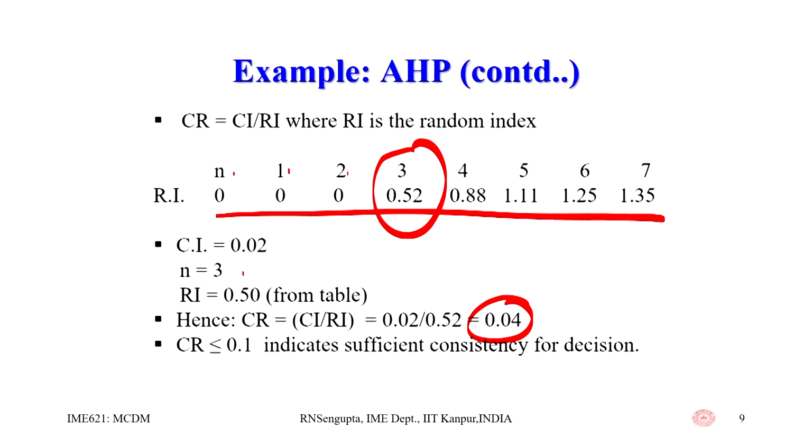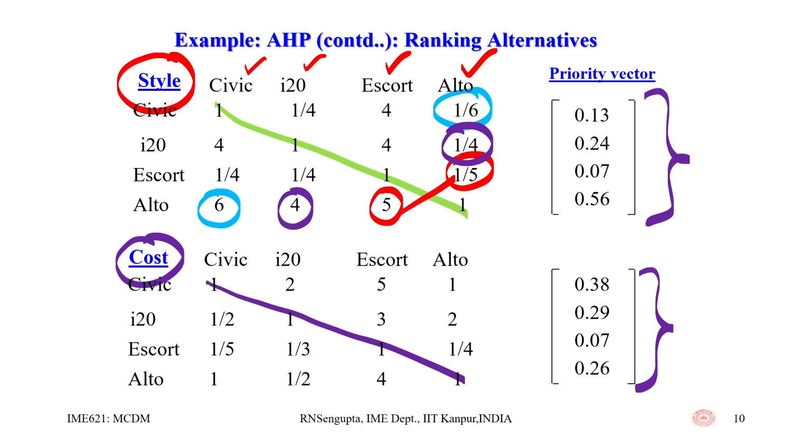Now, here if I go back, it means the level of priority or importance based on style only for the 4 cars is 13% for Civic, I-20 24%, Escort 7% and Alto 56%. When I go to the cost factor, one of the important factors based on which the choice of the 4 cars is made, the priority vectors have changed.